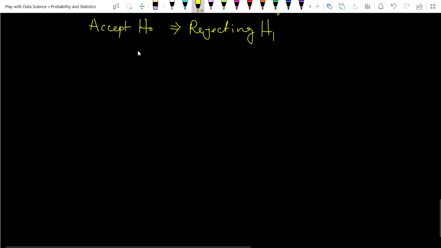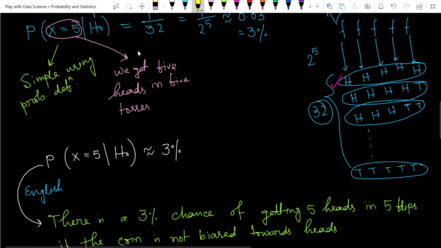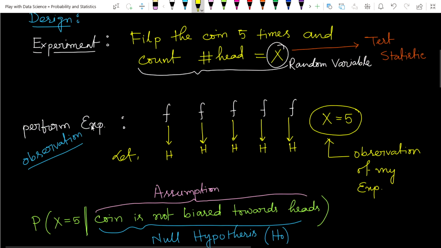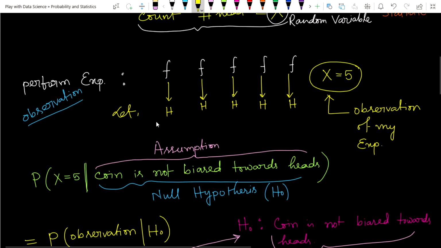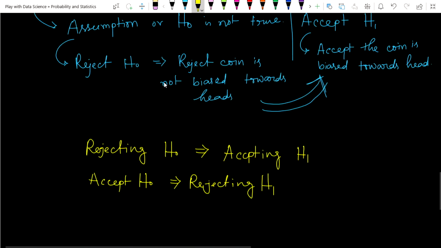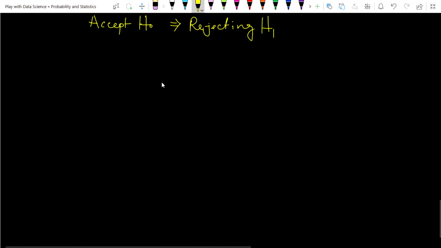Now let's try to understand the importance of the number of flips, the number of times of the experiment, that is, the number of observations, and what impact it has on the p-value.